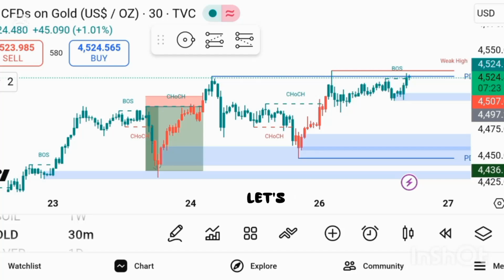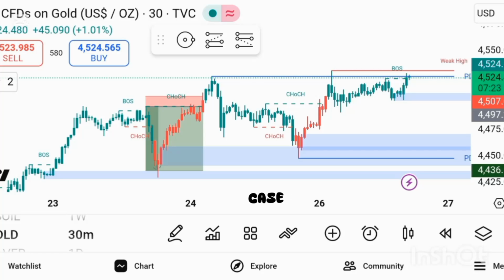Finally, let's talk about selling. Selling in this market is counter trend. It is not recommended for beginners. A sell is only valid if price takes liquidity above 4,535 and then shows a clear bearish change of character on a lower time frame.